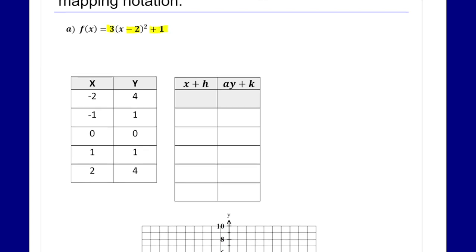And I do see 3 different numbers, so this should imply that there is an a, an h, and a k. And if we don't remember which one is which, you can always go back in your notes and look for that general function: f of x is equal to a(x minus h) squared plus k. So based on that, my a value is going to be 3. My h value is going to be positive 2, opposite of what we see. And my k value is going to equal 1.